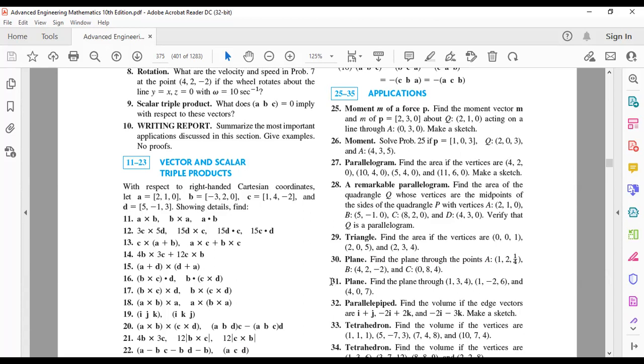This is out of the engineering maths book, by the way. We have the book as well? All right, I'll put it in the group.